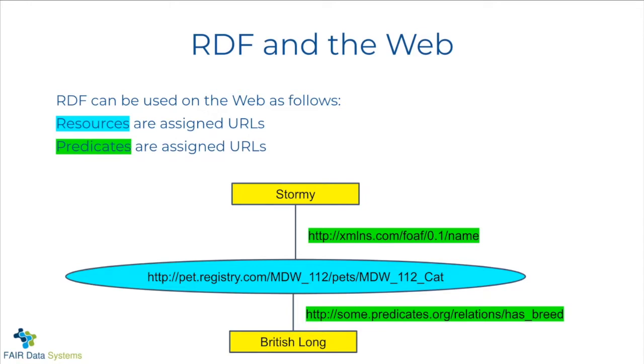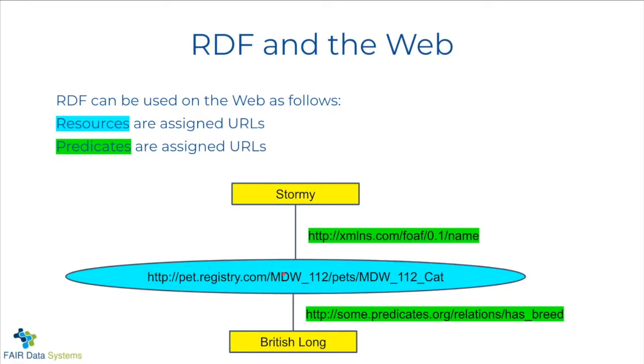The way that we use RDF on the web is as follows. Resources are assigned URLs, and predicates are assigned URLs. And then literals are just literally either strings or words or sentences or dates or numbers, things like that. So the fairified, the webified version of my cat is that my cat has a unique identifier, which is this URL.